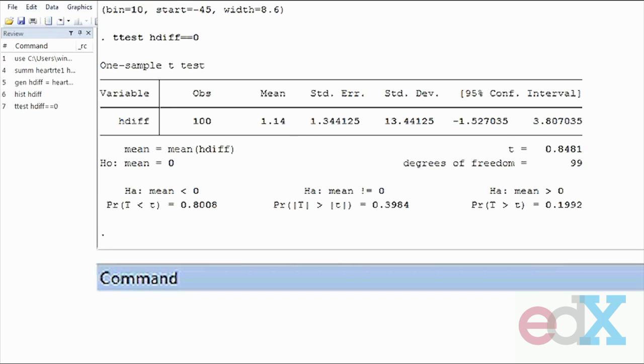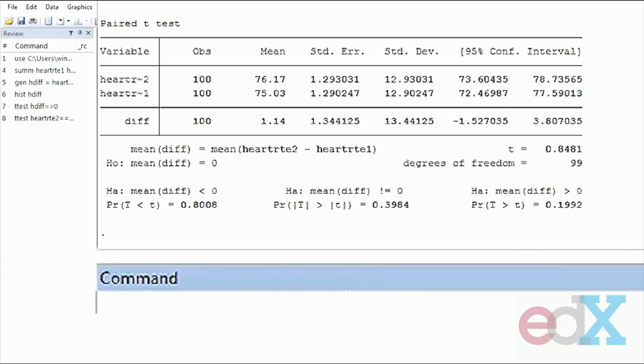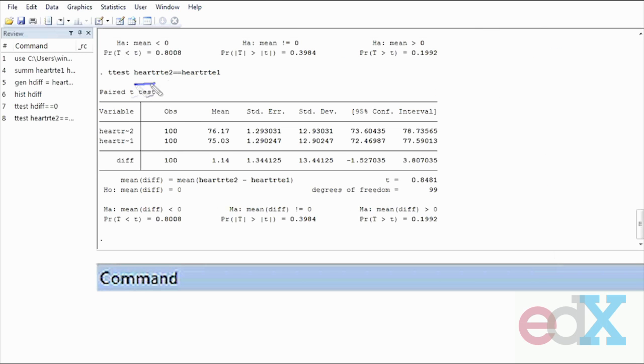Now instead of using the t-test HDiff double equal sign 0 command, you could have also used this following command. You could have used t-test heart rate 2 double equal sign heart rate 1. And as you'll see, you'll get the exact same test, the exact same p-value. The only difference is the syntax.